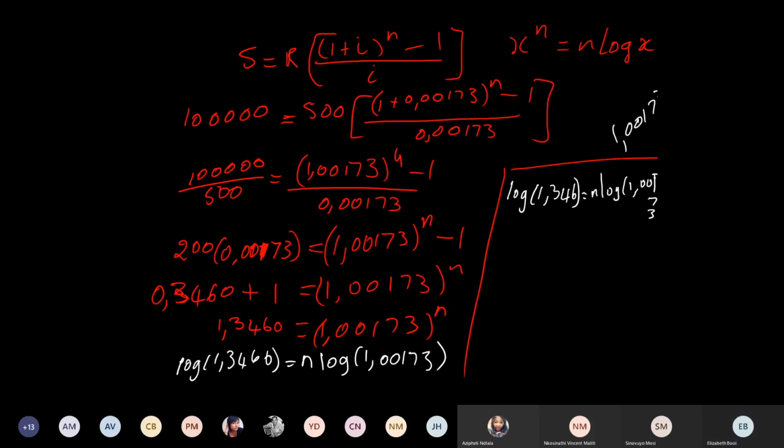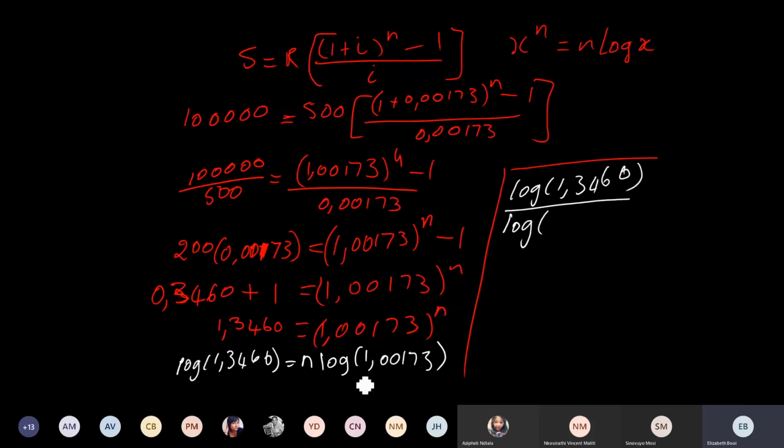And therefore it means the answer for this will be to divide the log of 1,3460 by the log of 1,00173 on the other side, it's equals to n.